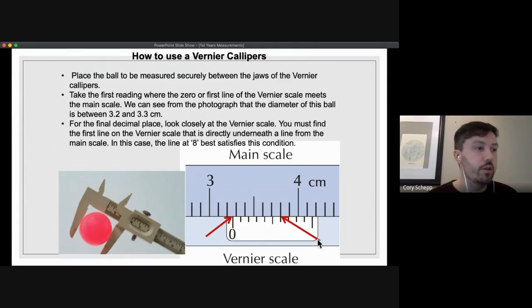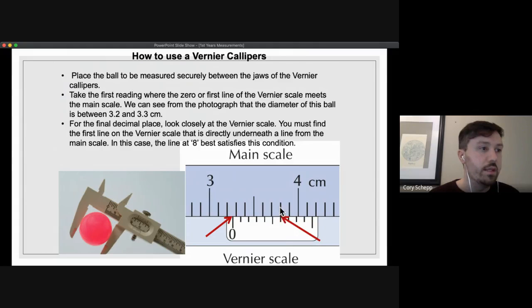You then measure it on the vernier scale. That's these little indicators down here on the top. So you have 3 plus 1, 2, 3, 4, 5, going out to the one that's lined up the most, right? So if this one was lined up perfectly here, it'd be 1, 2, 3.